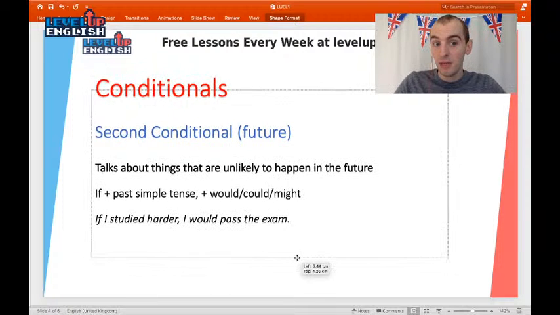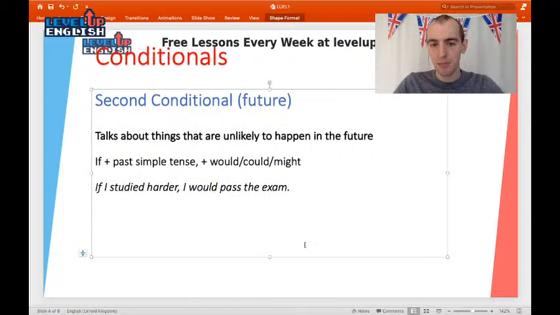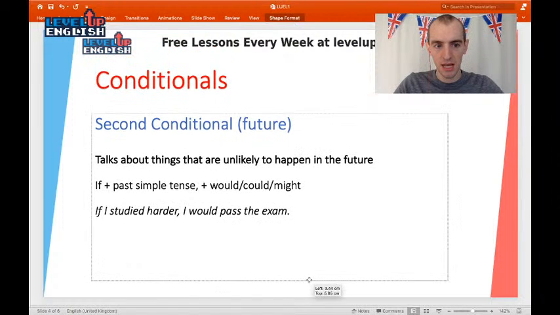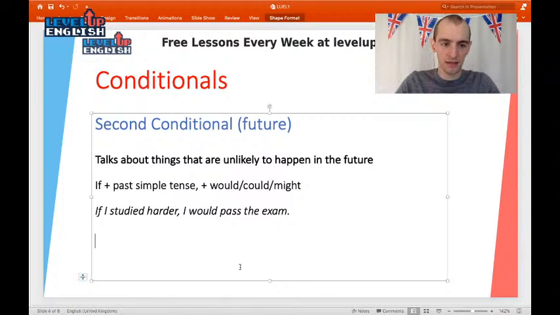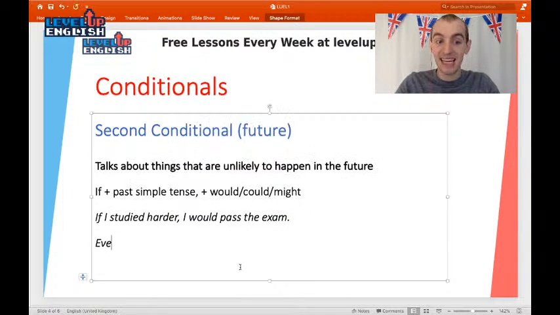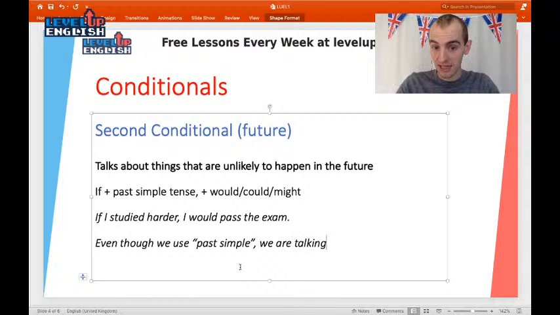So see, it's similar to first, but we changed studied to past, and we changed will to would. Another important note, which I'm going to put below, is that even though we use past simple tense, we are talking about the future.